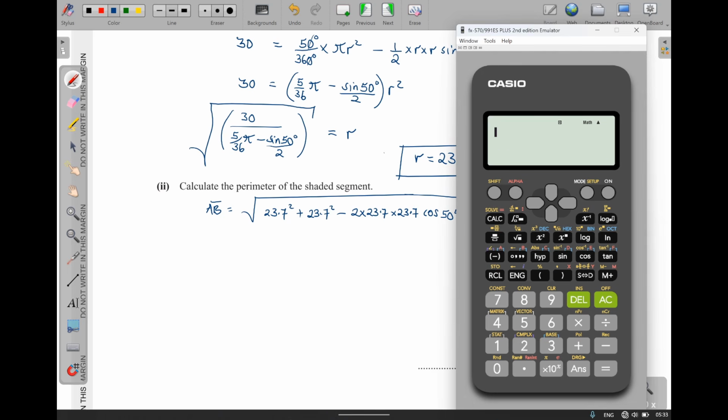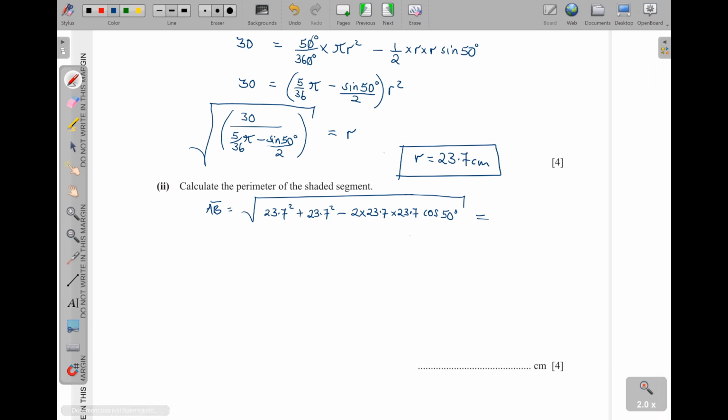So we put it in the calculator: square root of 23.7 squared plus 23.7 squared, then minus 2 times 23.7 squared, then cos of 50. So I put it all together at once, and that gives me 20.0321 and the rest. Okay, I take it as that.